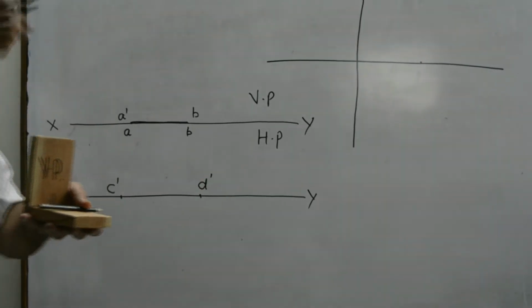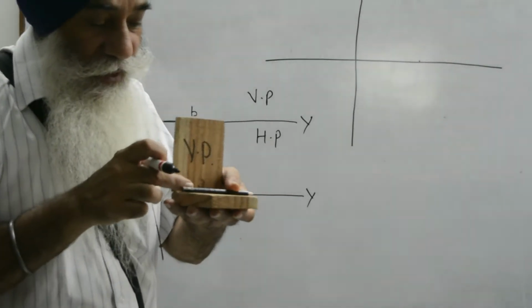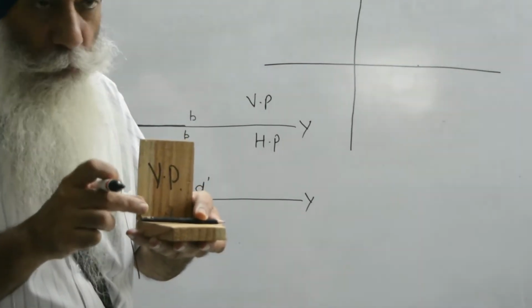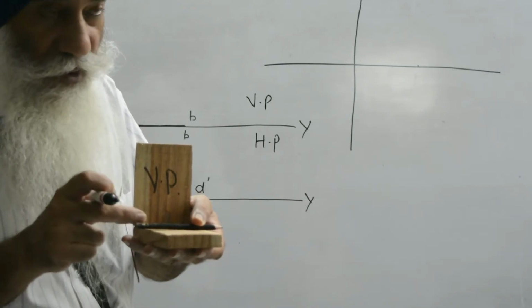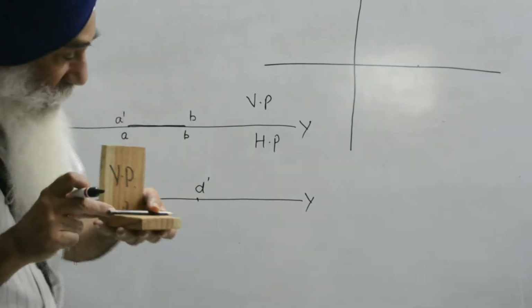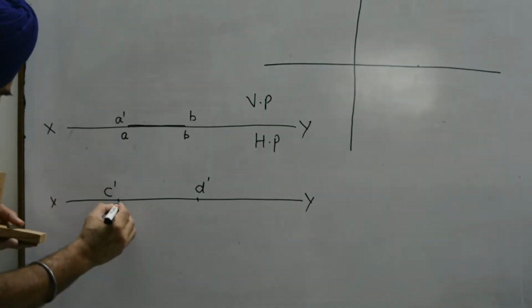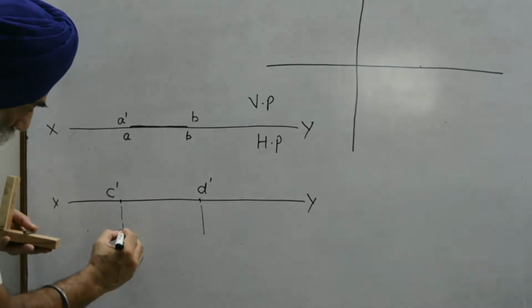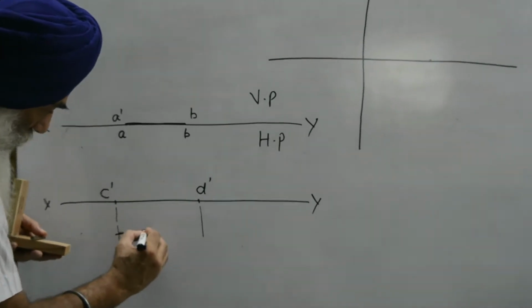If you see from the top, how many millimeters is this distance in front of the vertical plane? This distance may be 20 millimeters. So from here you draw the projection lines, 20 millimeters, and join them.